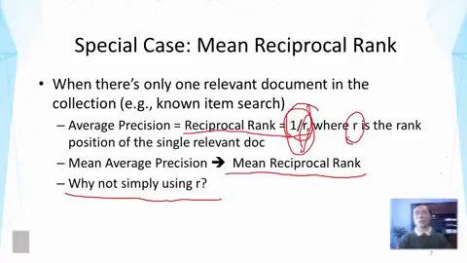But from a user's perspective, we care more about the highly ranked documents. So by taking this transformation, by using reciprocal rank, here we emphasize more the difference on the top. Think about the difference between 1 and 2. It will make a big difference in 1 over R. But think about 100 and 101, it won't make much difference if you use this.